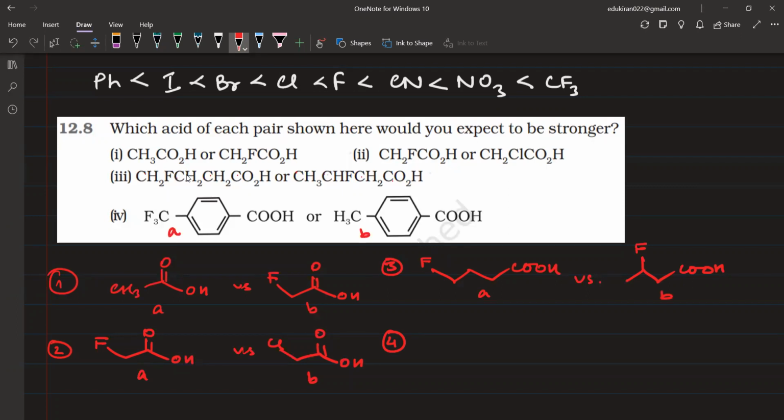So if there is an electron withdrawing group, it is more acidic. Okay. So you try this question. I will give you like 2-3 minutes.